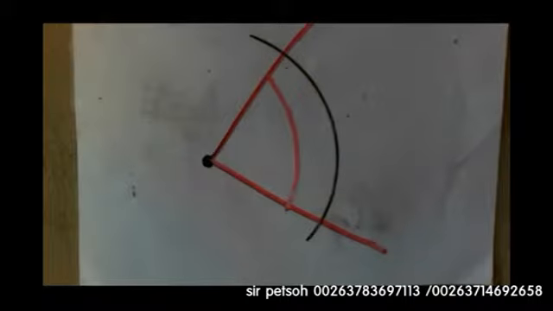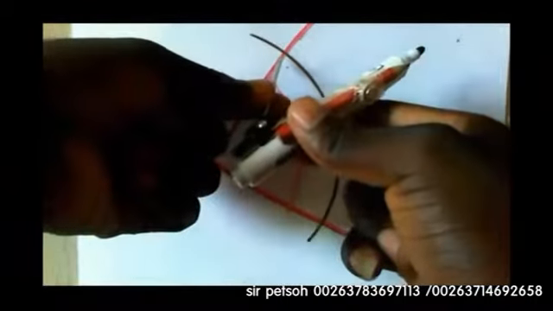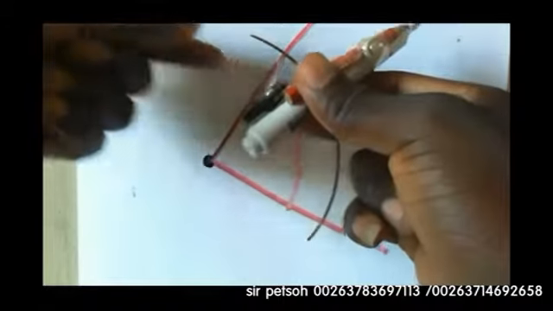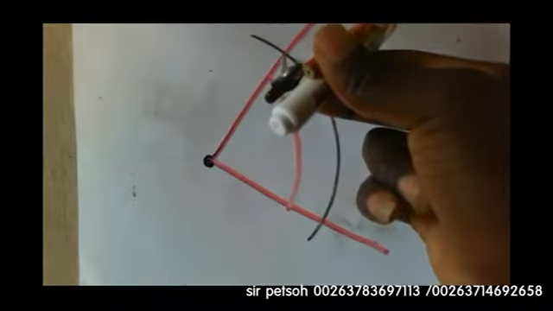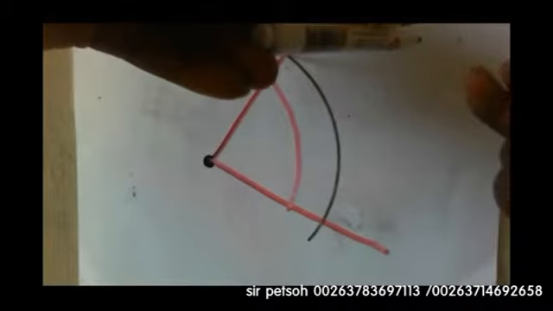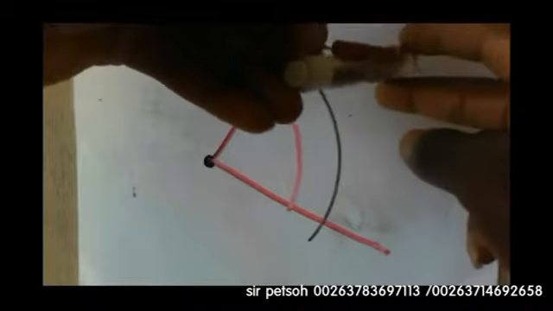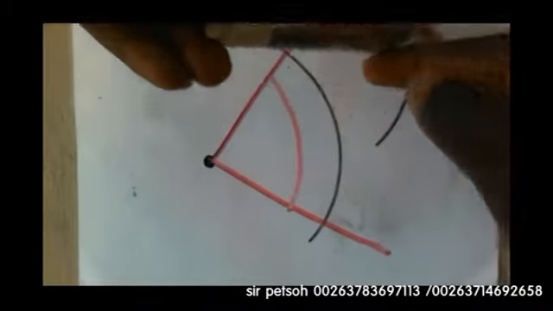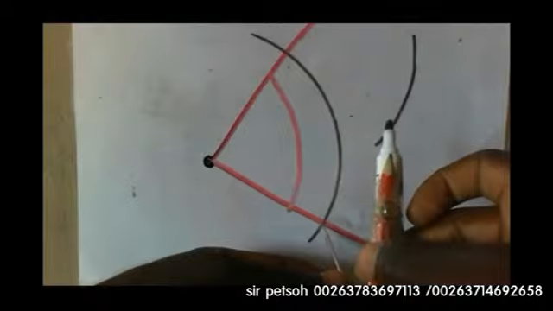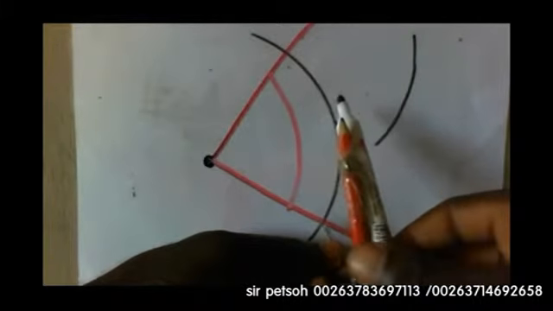From there, you come to the intersection of the arc and the first line. Then you draw an arc, without changing the radius. Then you come to the second point at the intersection of the arc and the line.